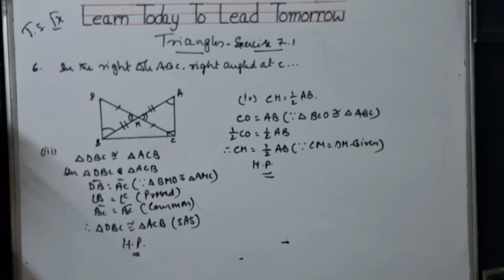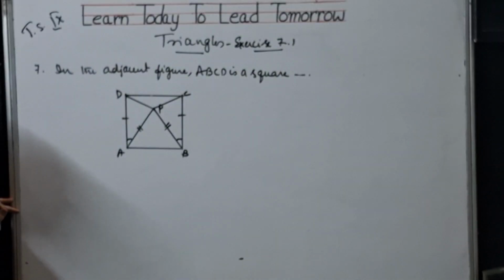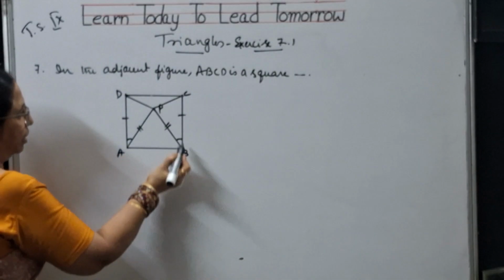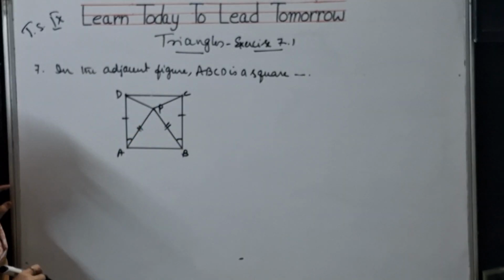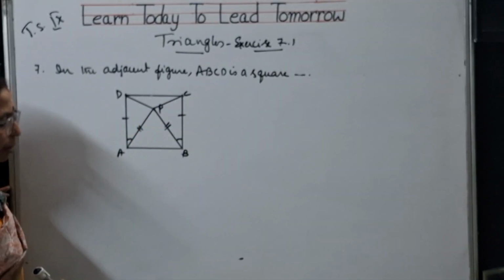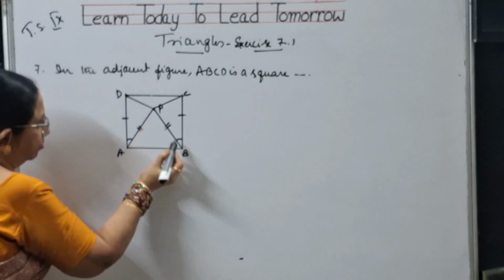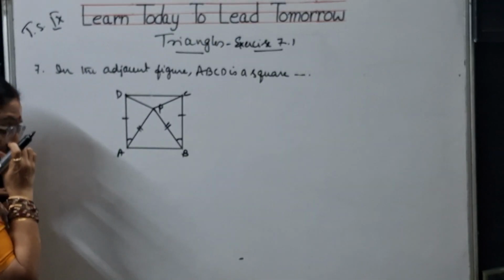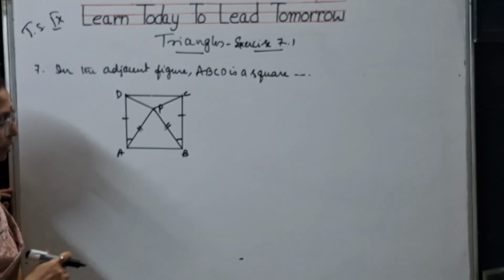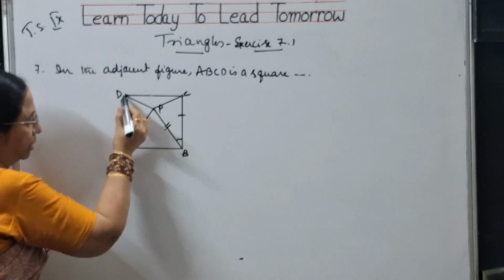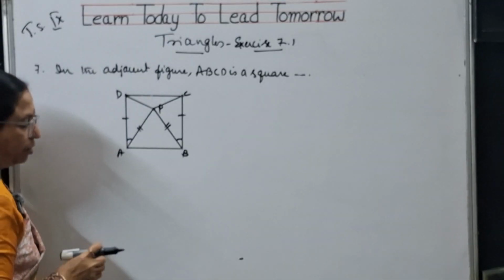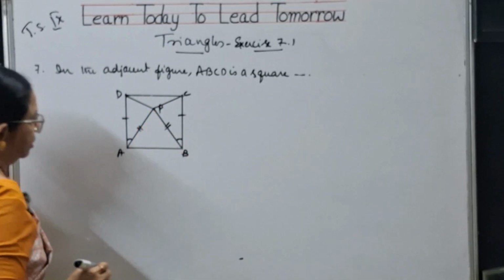This is sixth problem. Now seventh problem, children. In the adjacent figure, ABCD is a square and triangle APB is an equilateral triangle. Prove that triangle APD is congruent to triangle BPC.